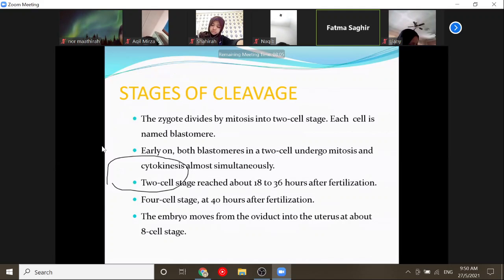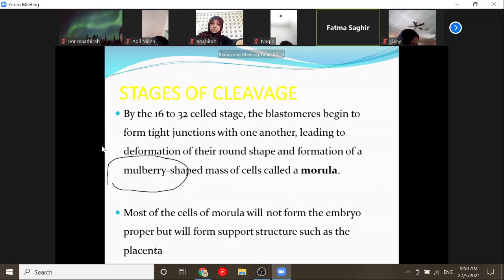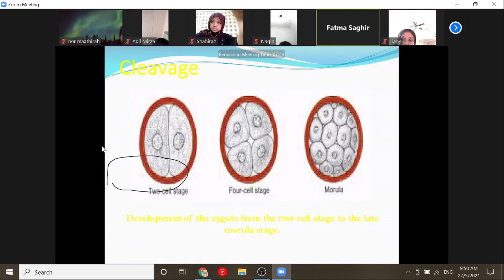So those stages we already know. Okay, we got morula. Here you can see we have 2 cells, we have 4 cells, and divide more and more until we get morula.